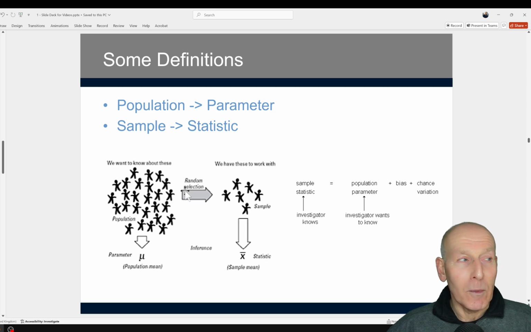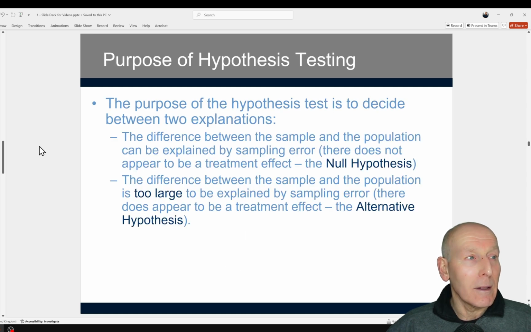So effectively, what we do a hypothesis test for is to look at whether or not any difference we see between effectively our population parameter and our sample statistic is likely to be due to sampling error, or is there something else going on.